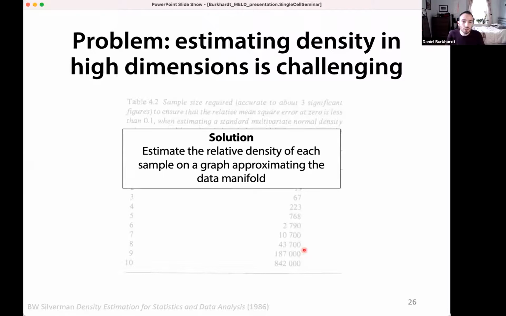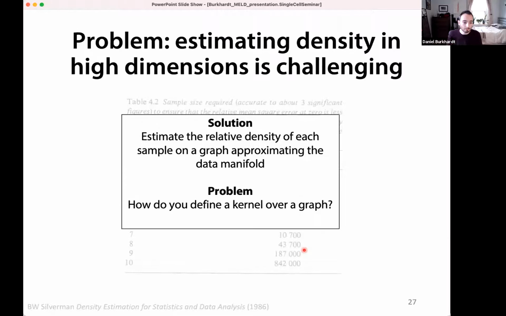And so the solution to this problem is that instead of just taking the kernel density estimate in the feature space, what we do is take a lower dimensional approximation of the data using this manifold model to build a graph that we can then use to approximate the lower dimensional state space and just calculate the density at each point that we observe. So I say, for a given cell that we do observe, I could say, what's the probability that we would see that cell in one sample or in another sample?